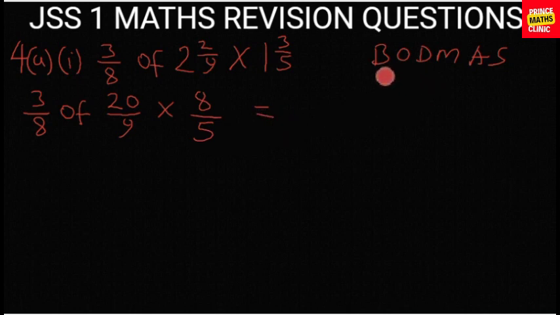This is brackets, right? O is order, D is division, M is multiplication, A is addition. Then S is subtraction. Good. I don't want you to mix this up. A lot of people call this O "of".